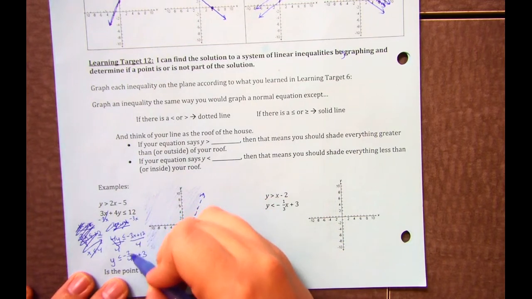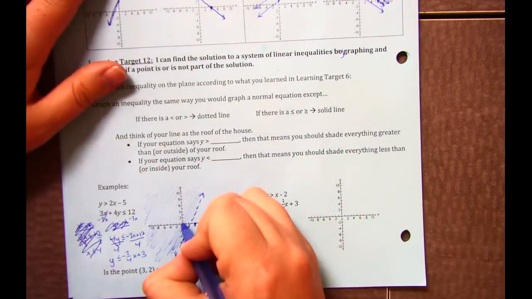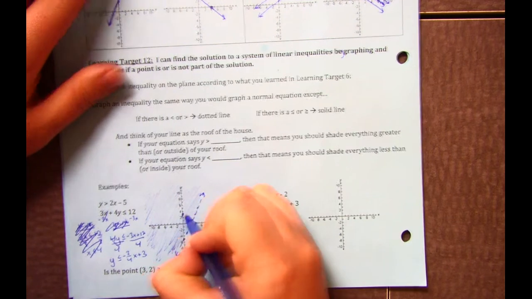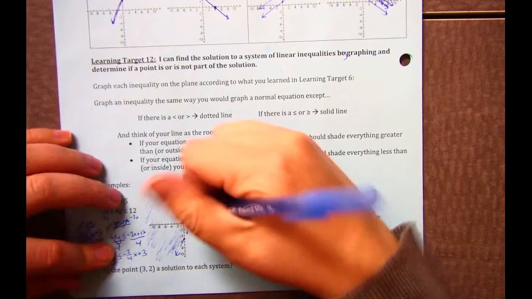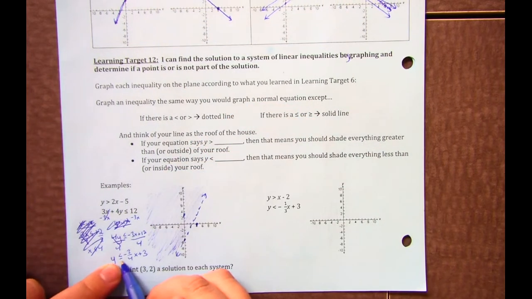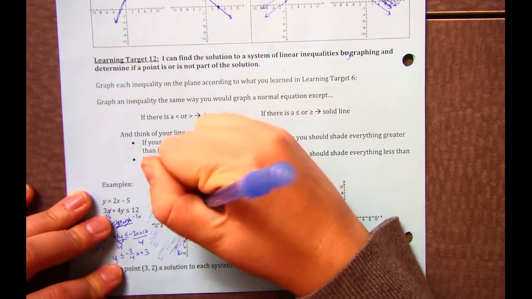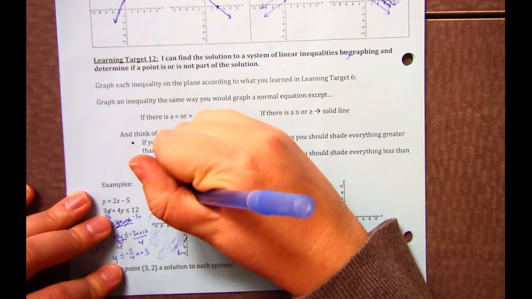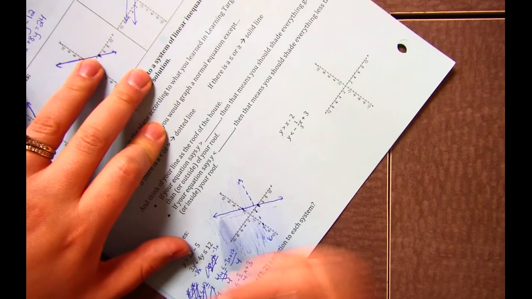So that divided by 4 is negative 3 over 4. 12 divided by 4 is 3. So I'm going to start at 3. Then I'm going to go down 3 over 4. This one is less than or equal to, so it's going to be a solid line. And it says less than, so it's everything less than the line, which means it's going to be under my roof, which is down here.